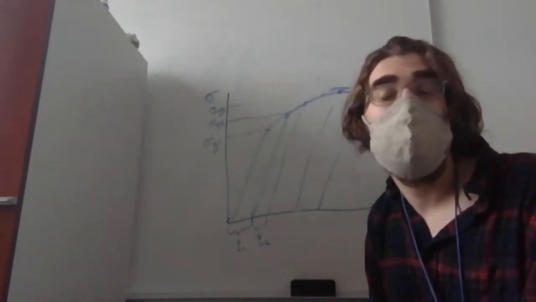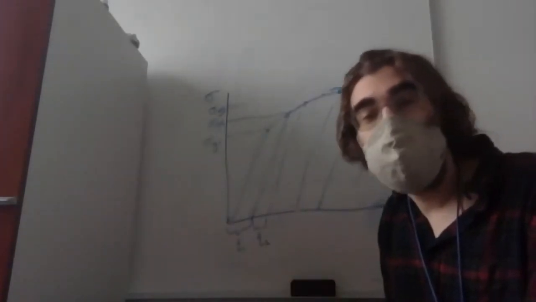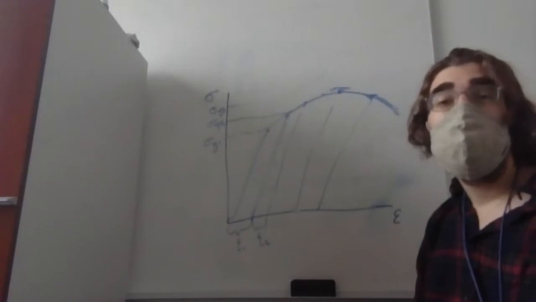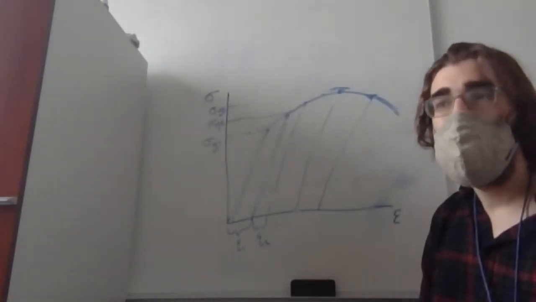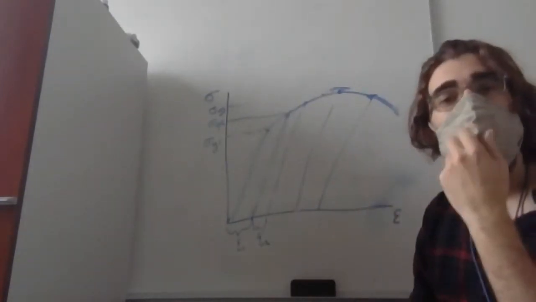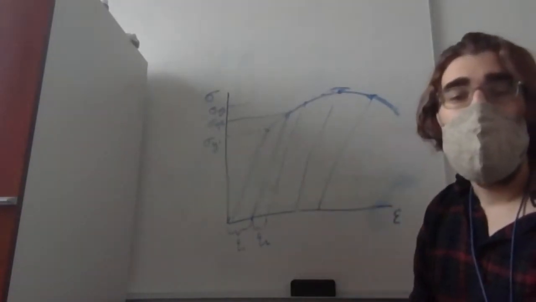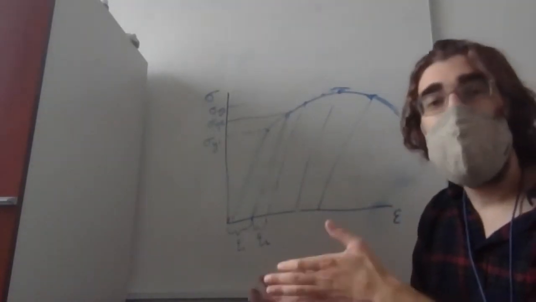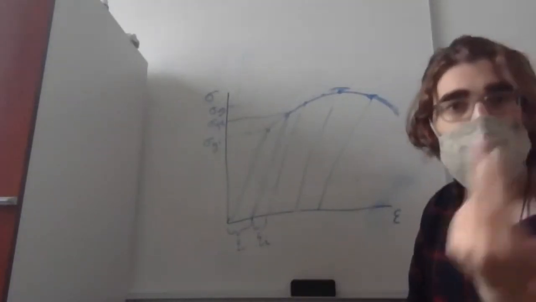It's also used for a lot of other things. It's called strain hardening, or it's also called cold working, because it's done at cold temperatures. And when I say cold temperatures, I mean cold for a metal, right? If the metal's melting point is 2000 degrees, then 300 degrees is cold.